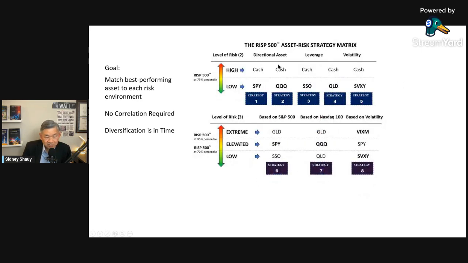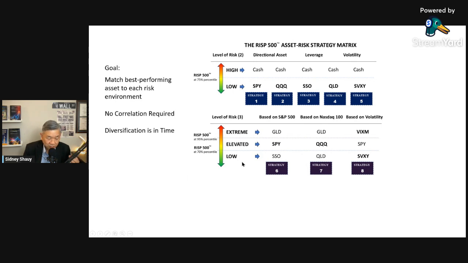Okay, so I've been testing 8 strategies using this concept. Basically, in high risk environments, we're going to hold cash. In low risk environments, we're going to hold a risk asset. So safe asset and risk asset, and we're going to rotate between them. Strategies one to five have only 2 levels of risk, the high and low, and we have a cutoff here. Strategies 6, 7, and 8 have 3 levels.